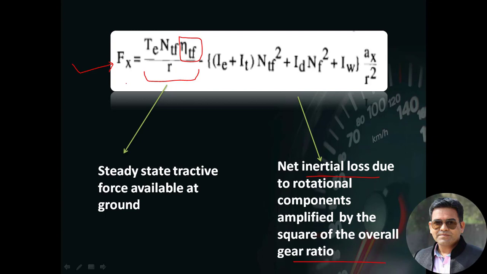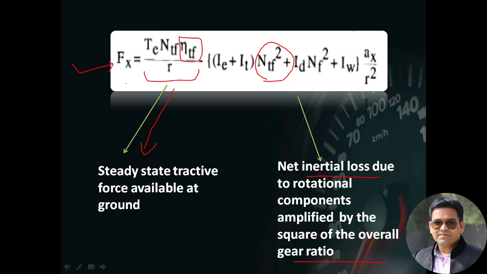I am again repeating this statement, as it is very important to understand this final equation. The first term on the right hand side indicates the total steady state tractive force available at the ground, and the second term indicates the net inertia loss due to rotational components, which is amplified by the square of the overall gear ratio.